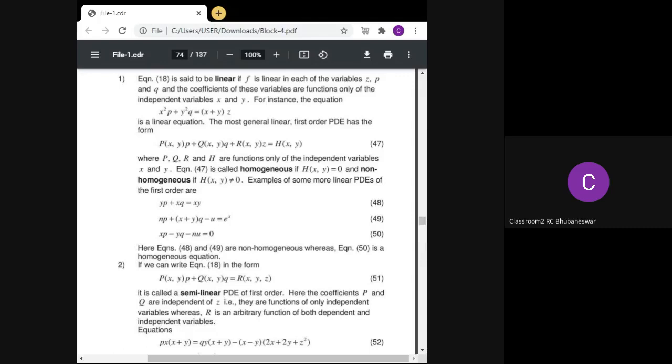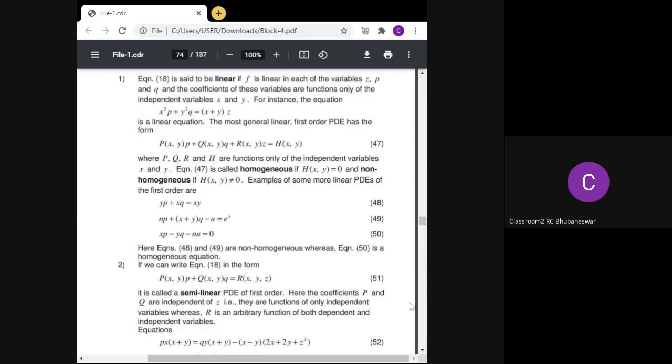And the equation is clearly a non-homogeneous first order partial differential equation in linear form because H(x,y) is not equal to 0. Whenever H(x,y) equals 0, the equation is said to be a homogeneous linear first order partial differential equation. So this is the first category of the linear first order partial differential equation.